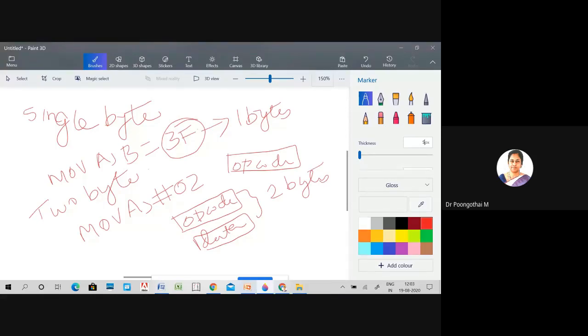So your opcode takes 1 byte, data takes 1 byte, so totally 2 bytes. Is it clear? And next 3-byte instruction. Students, please note it down. So single byte means it contains only opcode. Okay. 2-byte means opcode plus 8-bit data.